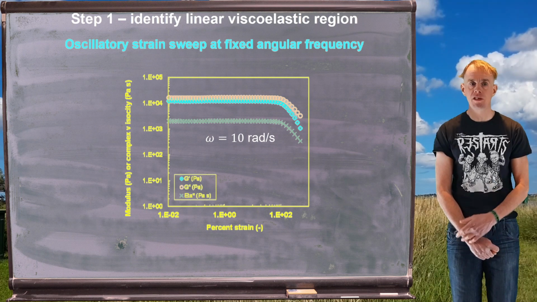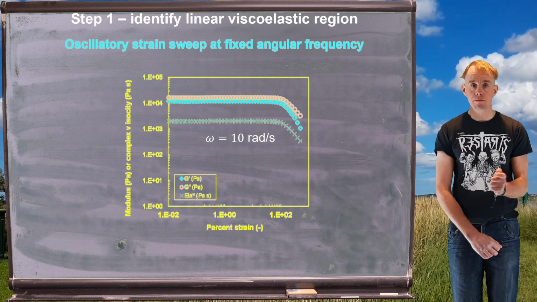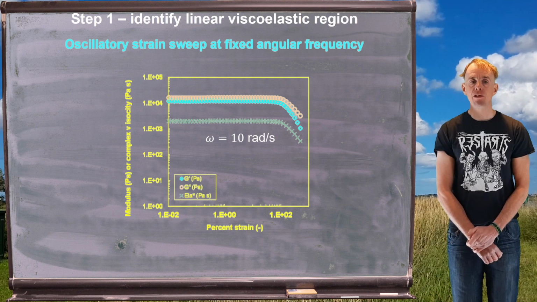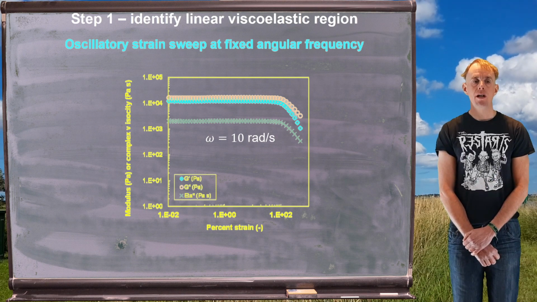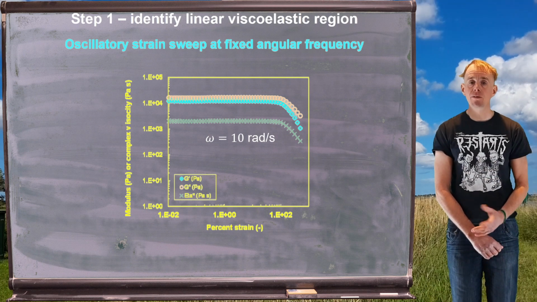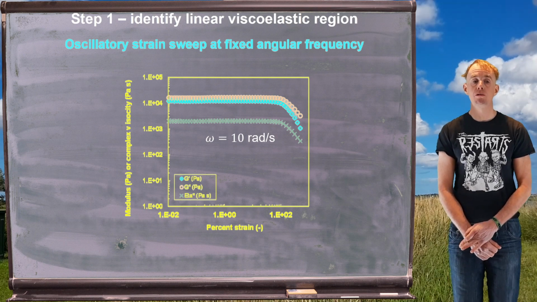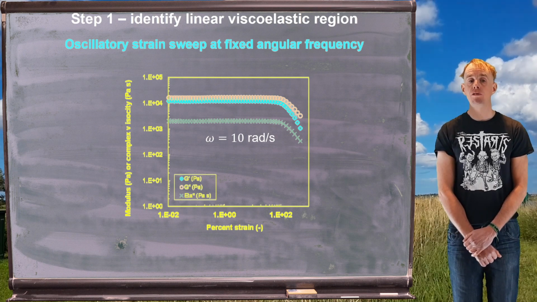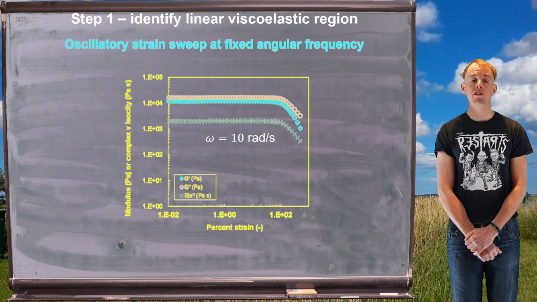The complex viscosity is the green crosses, the elastic modulus is the light blue circles, and the viscous modulus is the salmon pink circles. The angular frequency I've chosen is 10 radians a second, a relatively arbitrary choice, and I'm sweeping strains between about 0.01% up to a few 100%. So I've got several orders of magnitude of strain that I can examine.